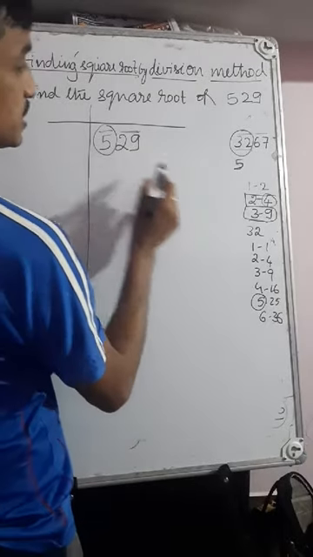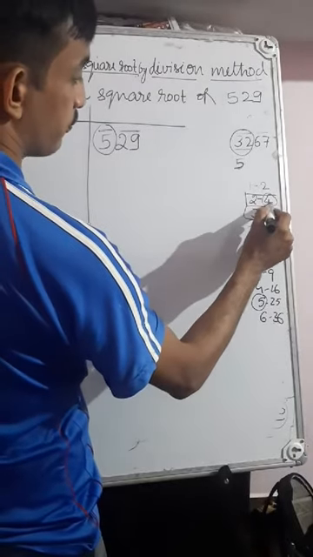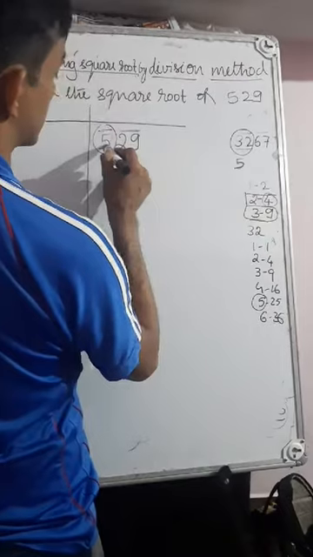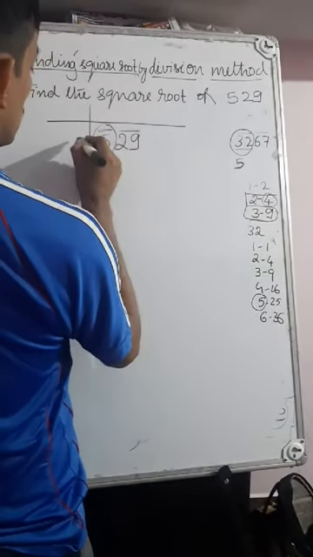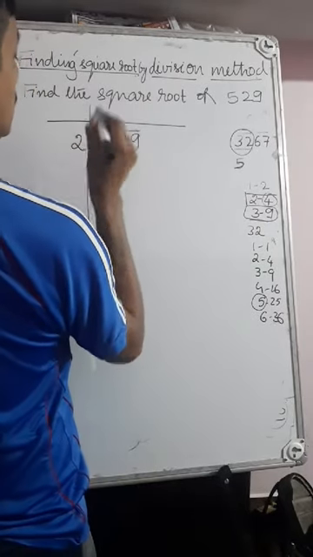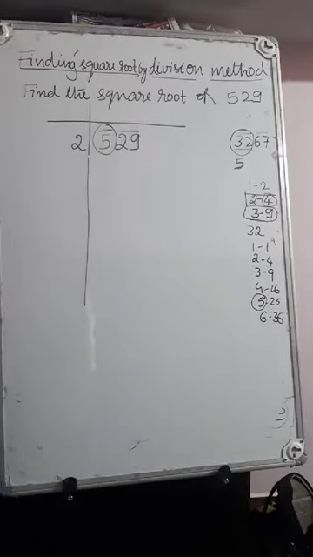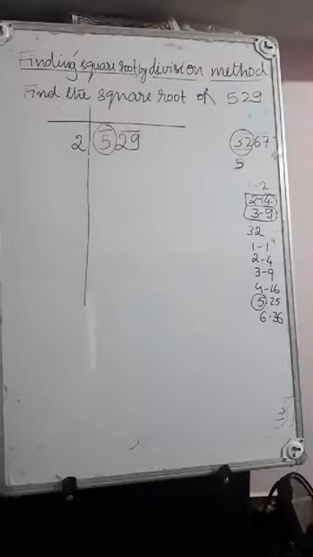So 5 means 2 square is 4. 3 means it exceeds, 9. So I can select 2. 2 is a number whose square is less than or equal to the number present at the extreme left bar. Extreme left bar.